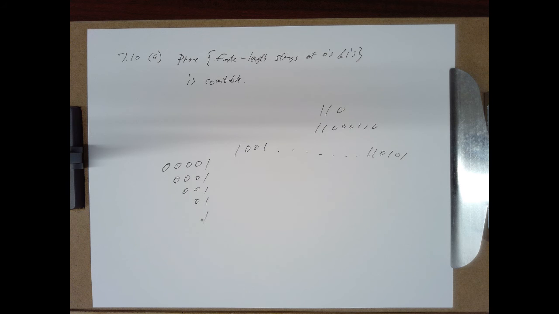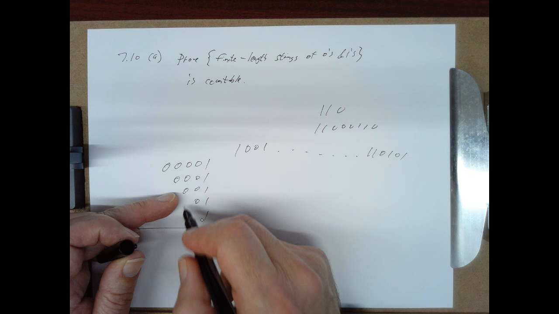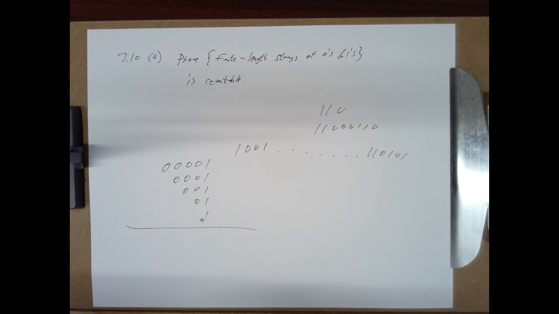We should be able to say, give me a new number where the first digit is the first number with the first bit flipped, the second digit is the second number's second bit flipped, the third digit is the third number's third bit flipped. We should be able to construct this magic number and say it doesn't match any of the numbers because the nth number differs in the nth digit. But we've got to do something. We haven't yet said that we believe this is countable, and in our demonstration that it's countable, we're going to do something that breaks that. So any idea how to show this is countable?